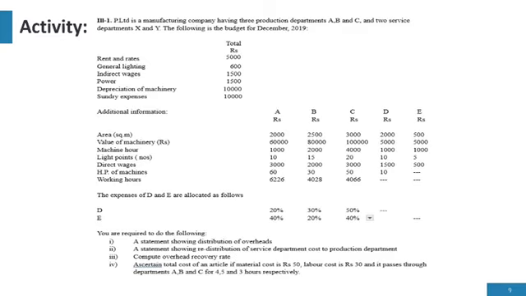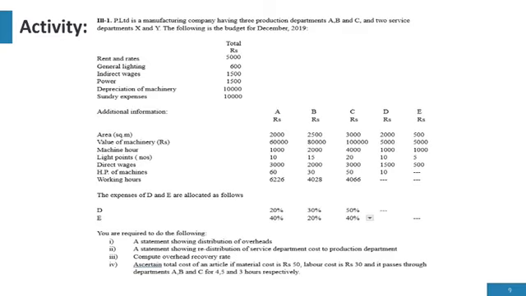Light points 10 and 15 and 20 and 10 and 5. Direct wages 3,000, 2,000, 3,000, 1,500, 500. Horsepower of machine 60 and 30, 50 and 10.